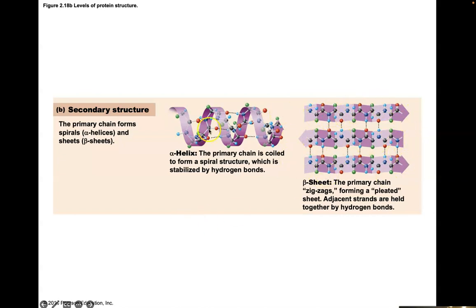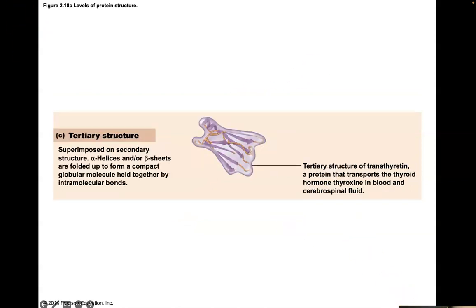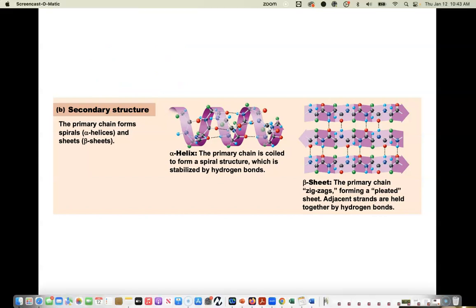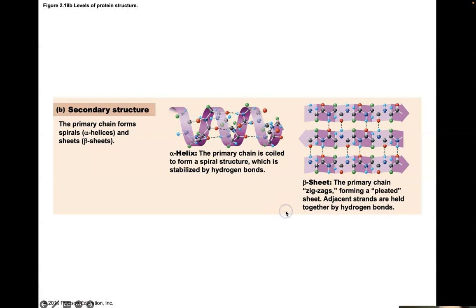And you'll see that some proteins will have a section that has alpha helix here, and then all of a sudden it'll have beta sheet here, and then maybe over here it'll have alpha helix again. So that secondary structure is not limited to only one of those per protein. It can have both alpha helix and beta sheet in different areas of the protein, okay? So that's a secondary structure.